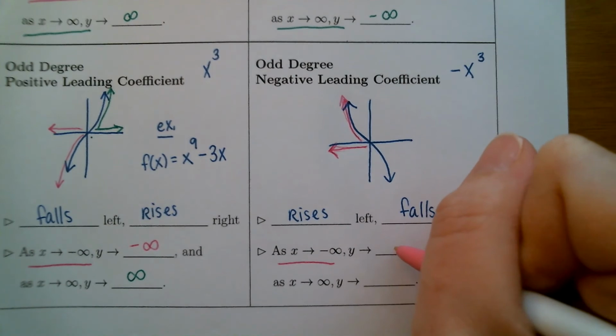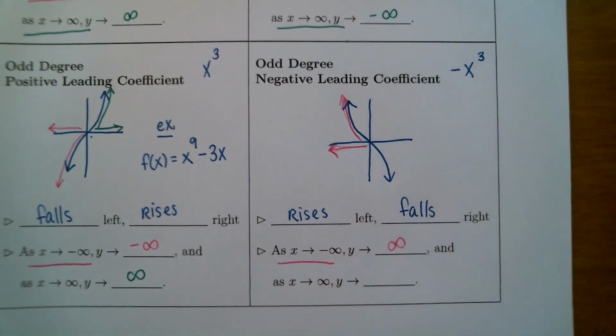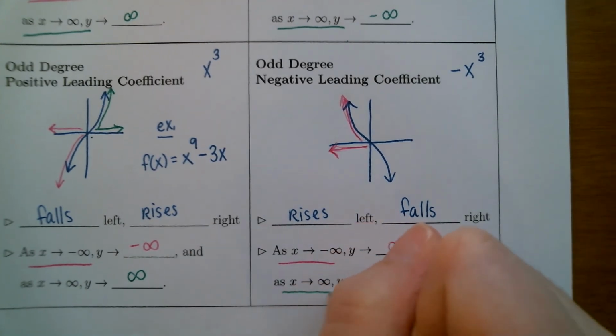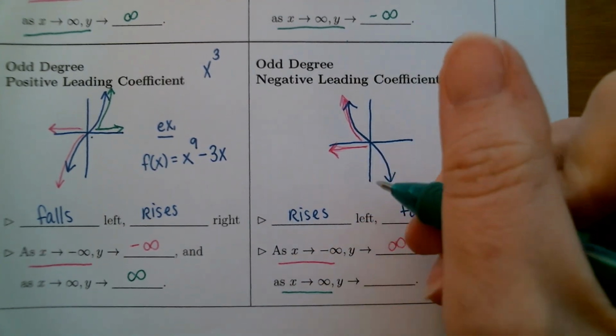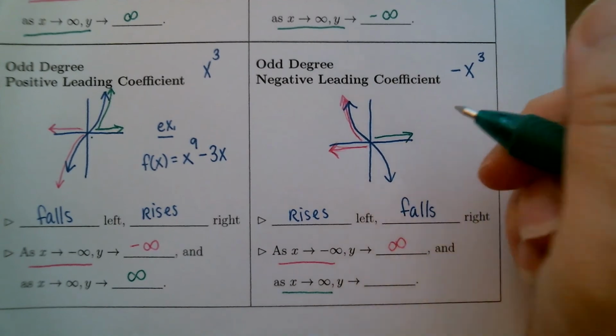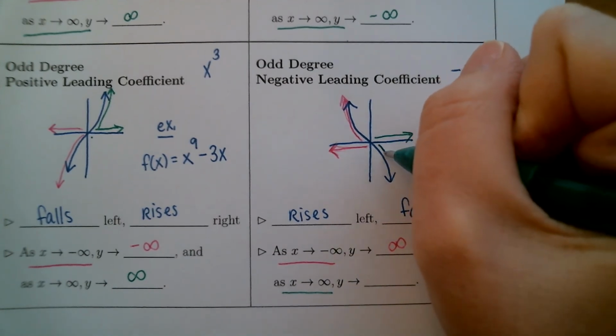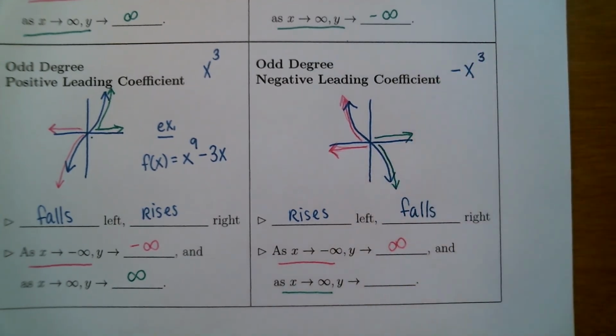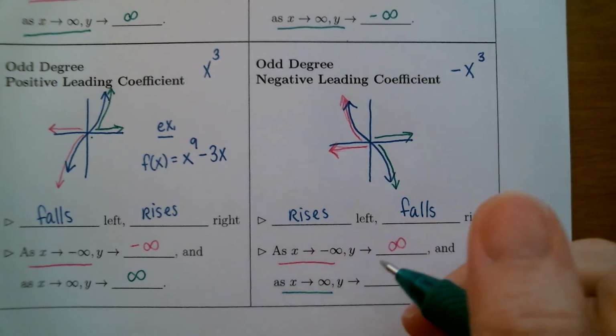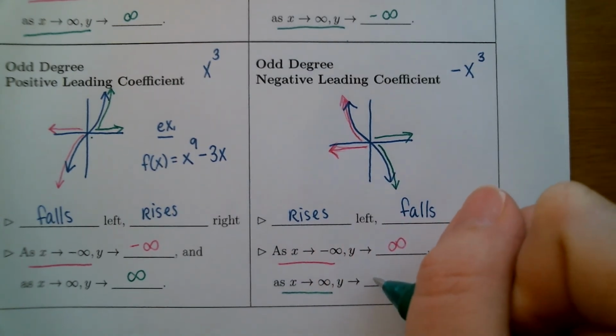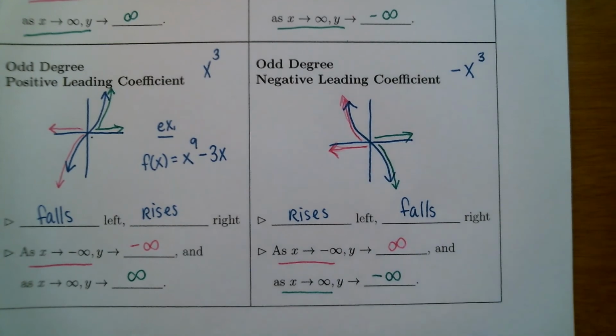So the y values will approach positive infinity. And on the flip side, if your x values are getting more and more positive, that's over here, these x values, their y values are getting more and more negative. So as your x values approach positive infinity, your y values approach negative infinity.